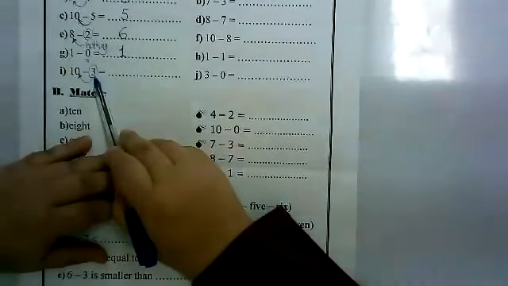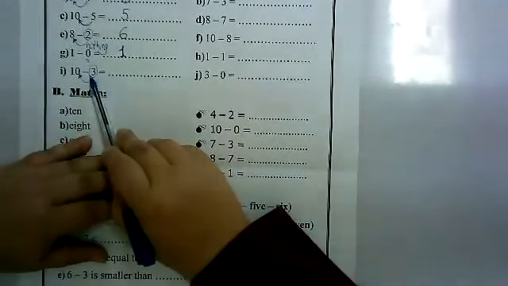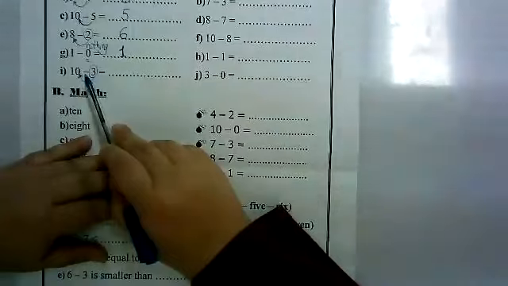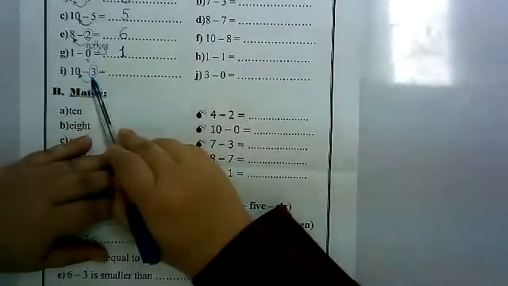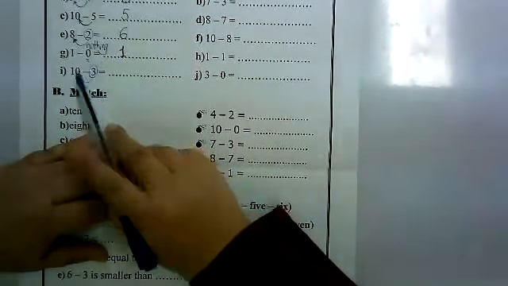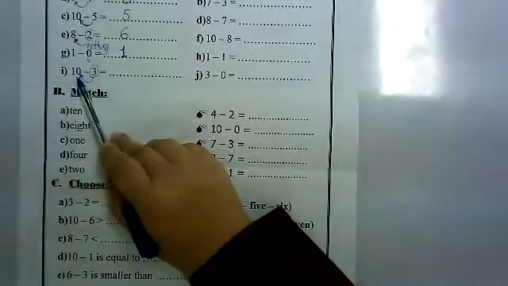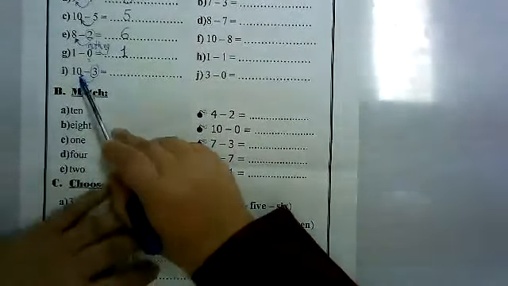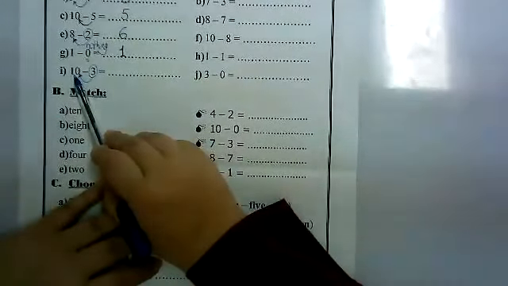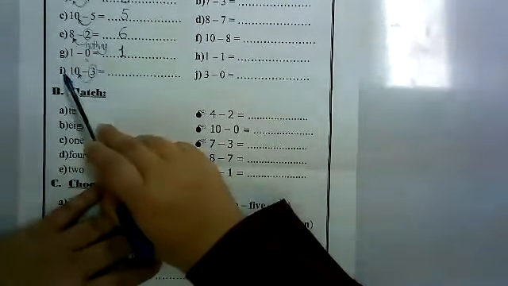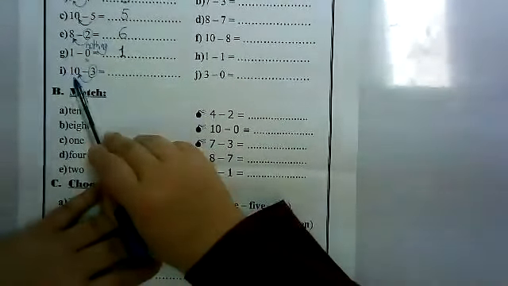Until where? Can I count until 20? Can I count until 12? Can I count until 13? No, we count until we reach the bigger number. You have to stop at the bigger number.